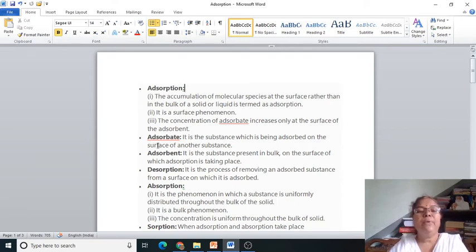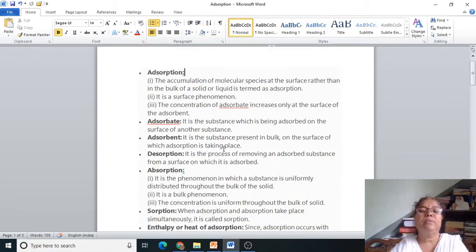Then the definition of adsorbate here, it is the substance which is being adsorbed on the surface of another substance. I repeat, adsorbate is the substance which is being adsorbed on the surface of another substance.